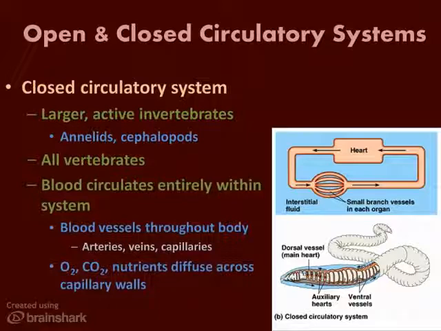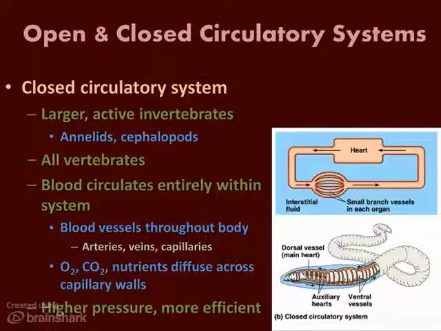A heart or a heart-like organ forces blood through these vessels. Because the system is entirely closed, it can be pumped under high pressure and circulated much more efficiently. In the diagram here, you see a closed system in an annelid, an earthworm, and we're going to be looking at that in a couple of weeks, up close and personal.